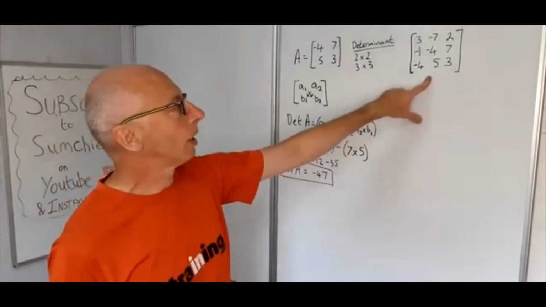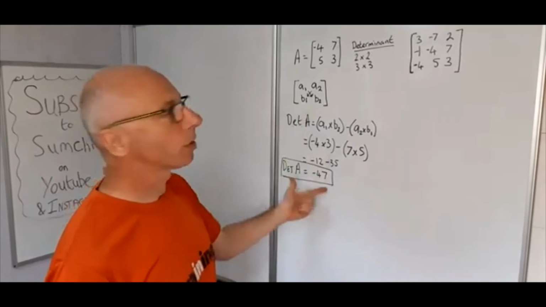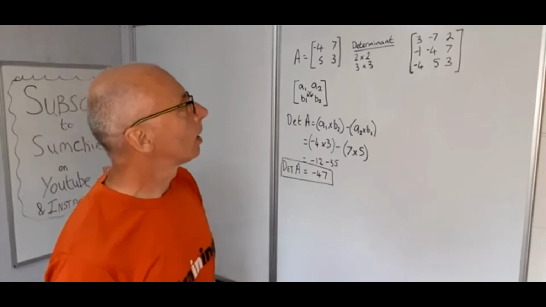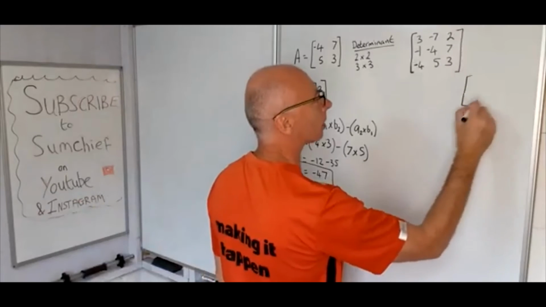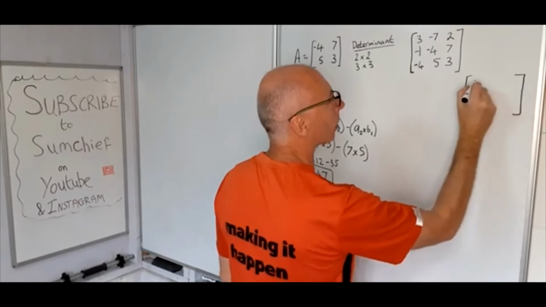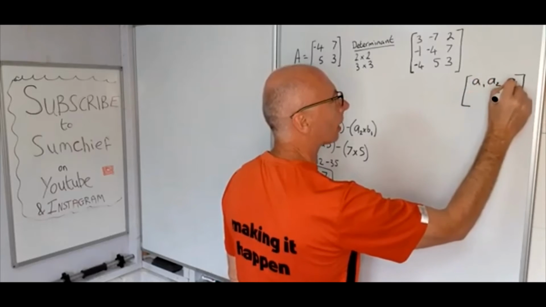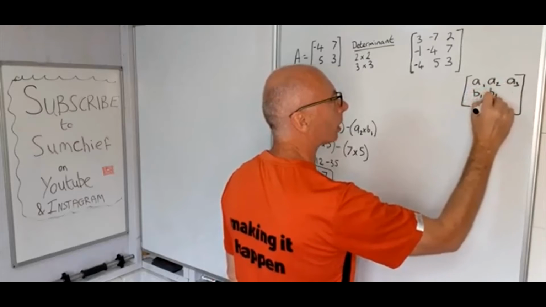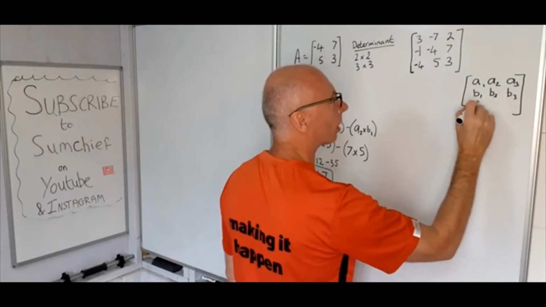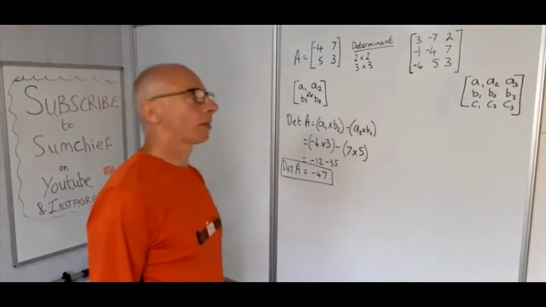Now the 3 by 3 matrix. So now it's a little bit trickier here, but the same principles are used. What we do now, if we just label it up and give it letters, we'll call this one A1, A2, A3, and then B1, B2, B3, C1, C2, C3.